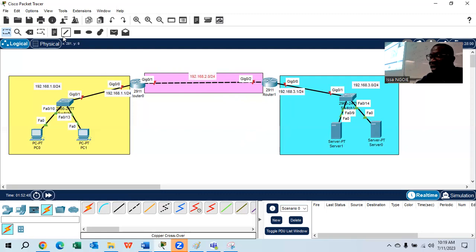And remember here, I'm gonna take this IP 192.168.2.1, and here it's gonna be 192.168.2.2. So those are the IPs that we are going to assign to every interface.